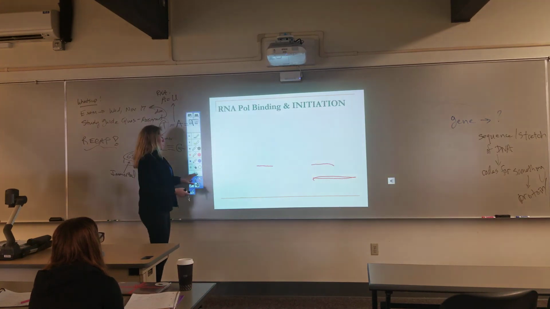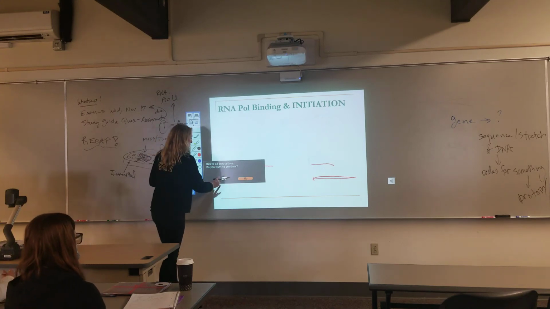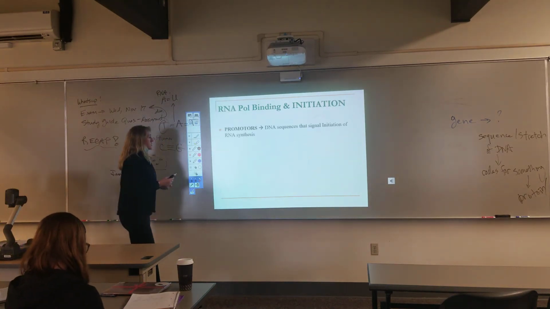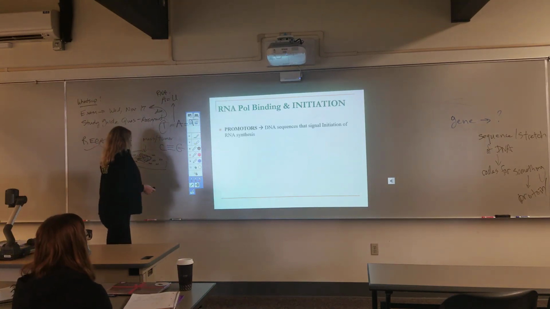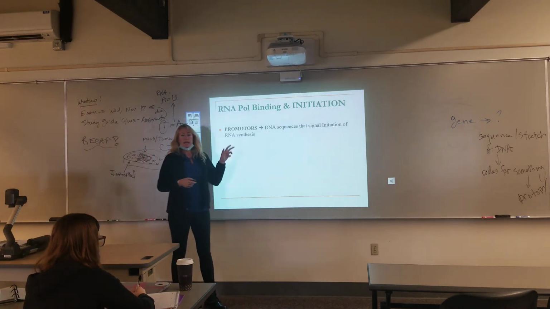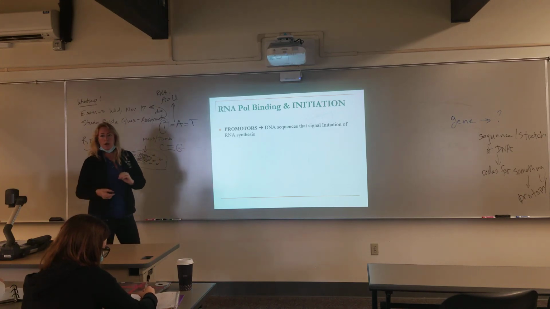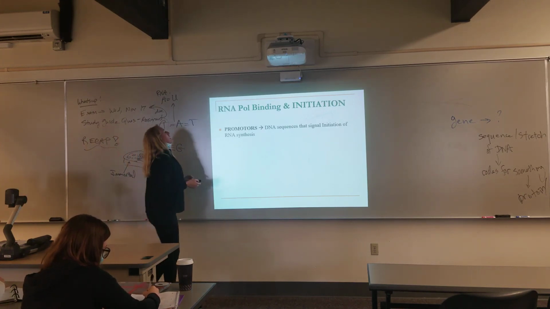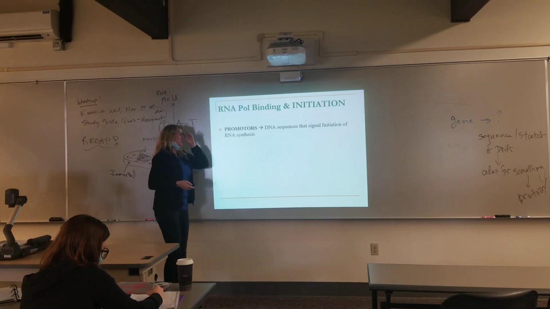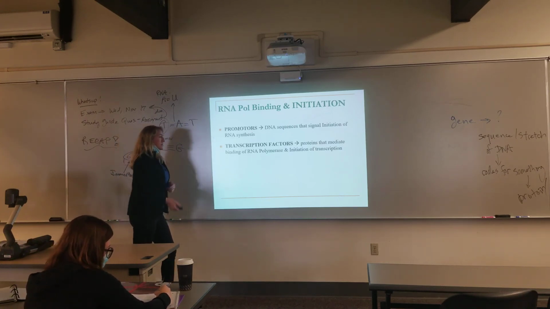Okay, so RNA polymerase binds and then causes the initiation of transcription. So we have promoters. These promoter sequences are DNA sequences that allow initiation of RNA synthesis. That shows where the synthesis of that mRNA needs to begin, upstream, right in front of that gene, or that transcriptional unit.